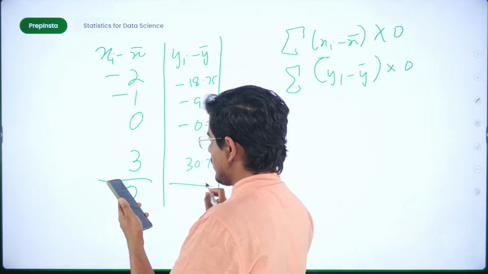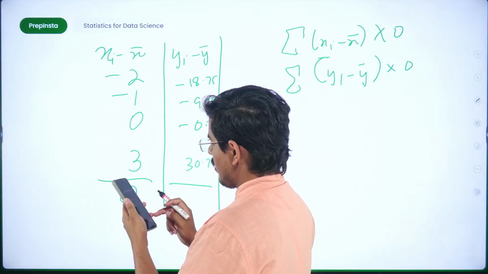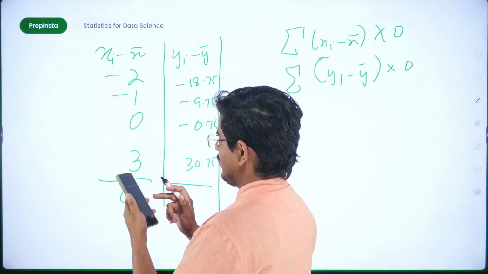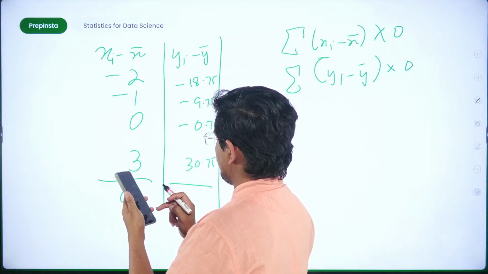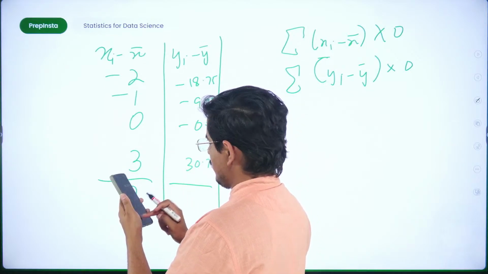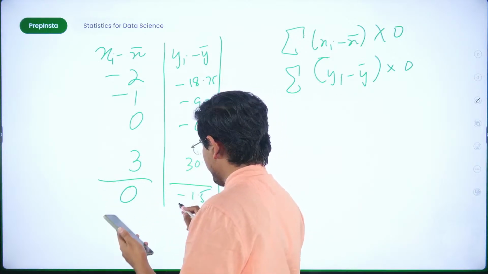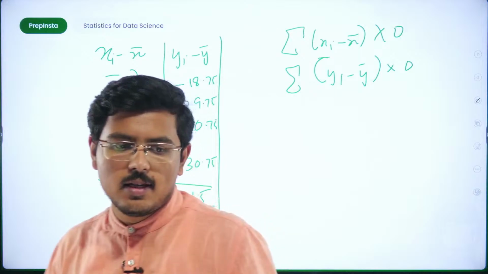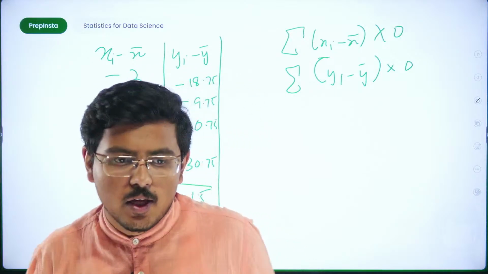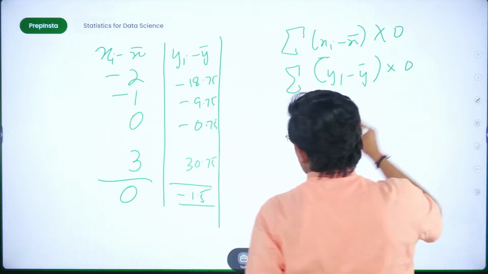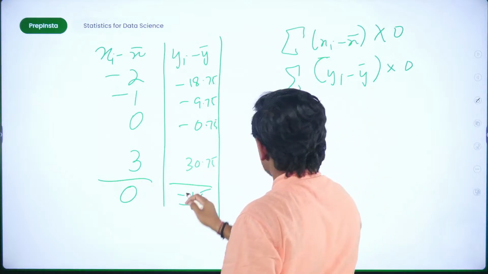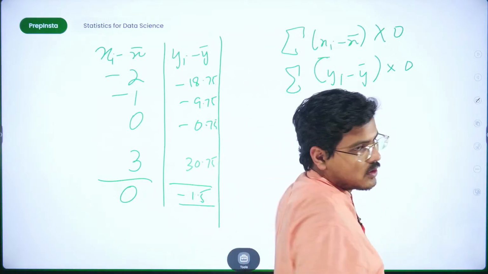So this is coming out as minus 1.5. So for all of you, this particular value, this sigma here, has been attained as minus 1.5.